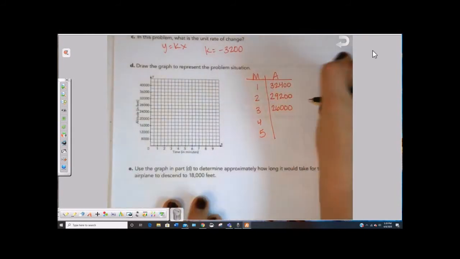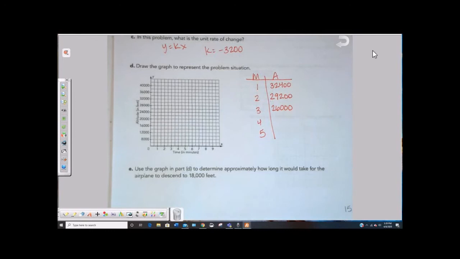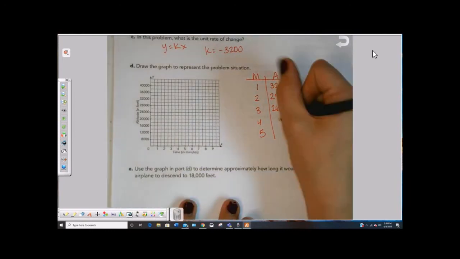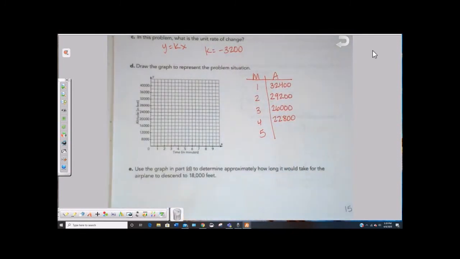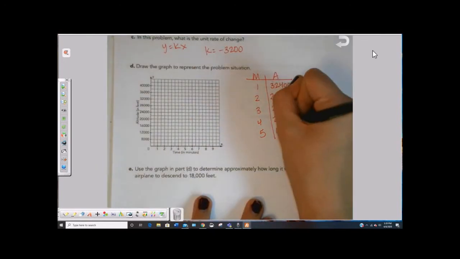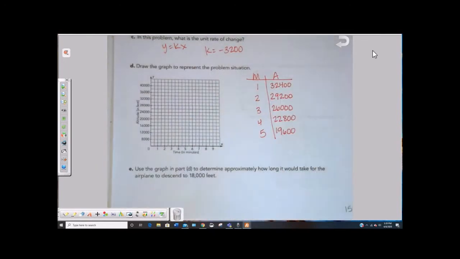In 3 minutes, you're at 26,000 feet. In 4 minutes, you're at 22,800 feet. And in 5 minutes, you're at 19,600 feet.